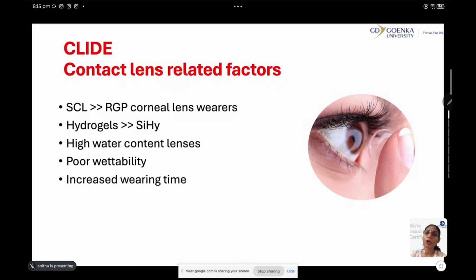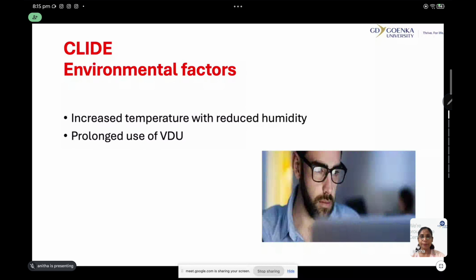Amongst soft lens wearers, hydrogel lens wearers have an increased risk. Again, high water content lenses, lenses with poor wettability, and increased wearing time are all situations which lead to the development of Clyde.